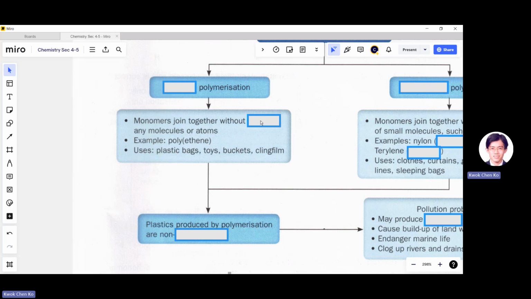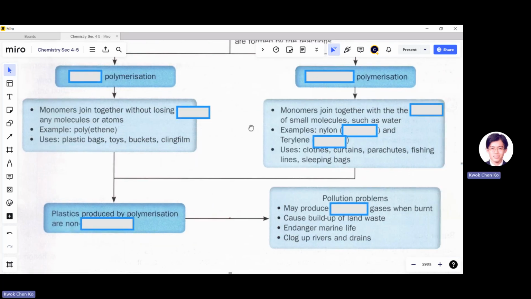Only one product. So in other words, you don't lose anything. You can put loss or removal on top, over here.